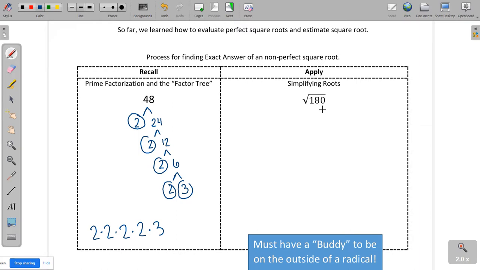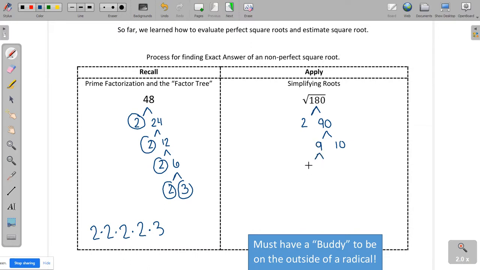So we have 180. What numbers can divide into 180? We could start small or we can start larger. It does not matter. So if we just do 2, then 2 goes into 180 90 times. 2 is prime, so we break open 90. 90 can be broken into 9 and 10. 9 is not a prime number.